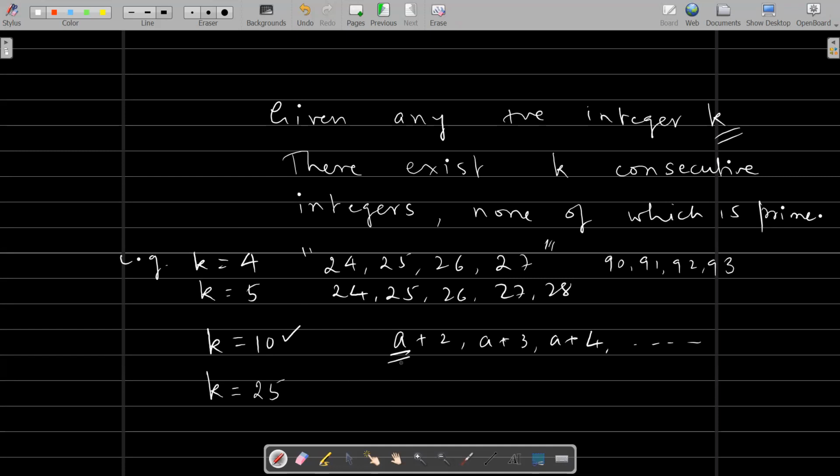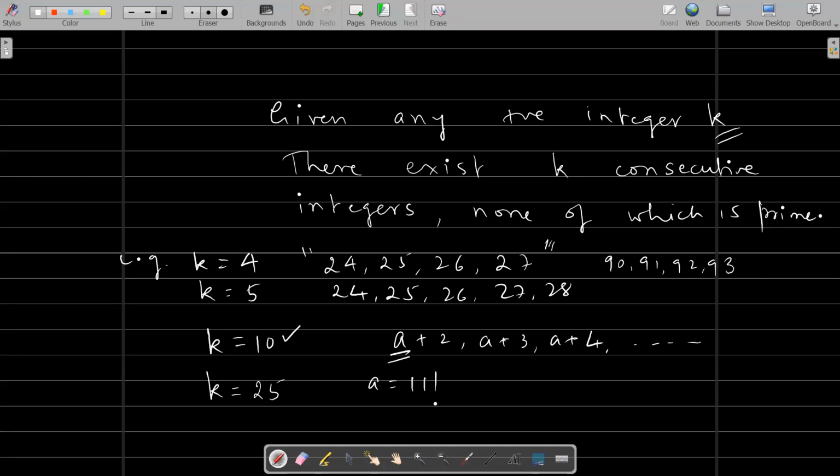So I take it as the product of the first 10 numbers greater than 1. So I choose a to be, for example, 11 factorial. What is special about 11 factorial is that it is divisible by 2, 3, 4, 5, 6 up to 11.